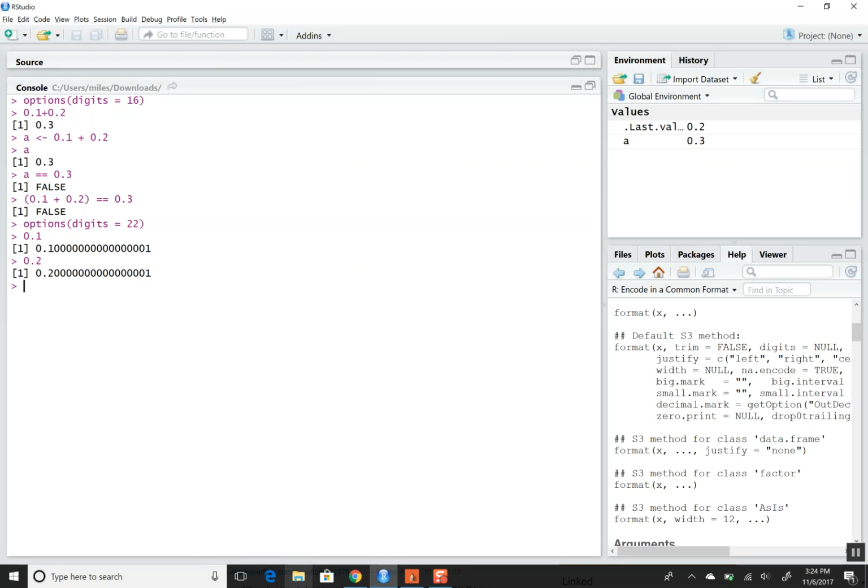When we do 0.1 plus 0.2, we get something very close but not equal to 0.3. And if we ask what is 0.3, in binary it gets represented as something very close but not exactly equal to 0.3.